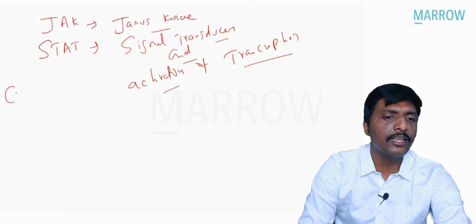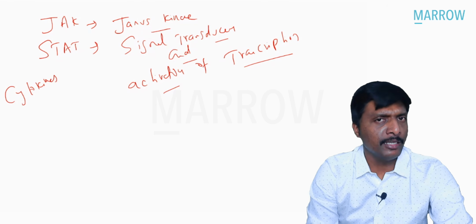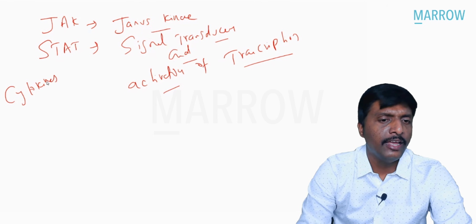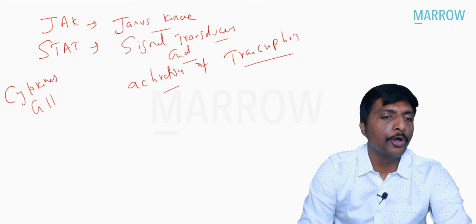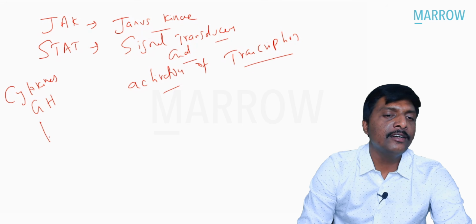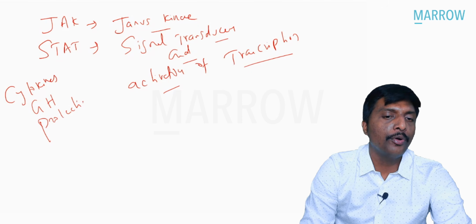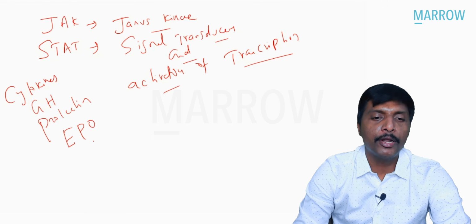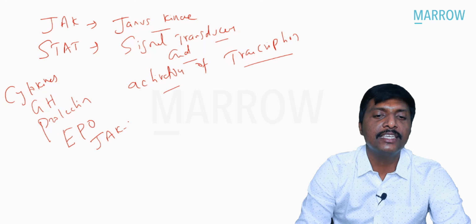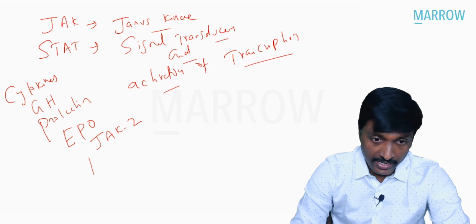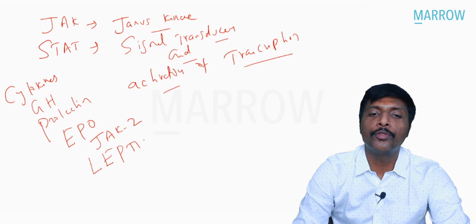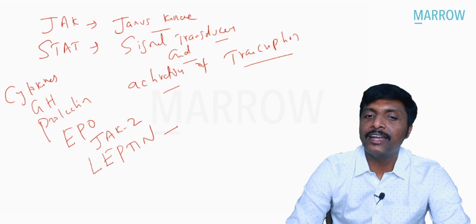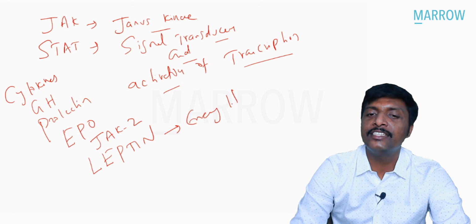Most importantly, they are going to be used by cytokines. That means something concerned with immunity. The next important hormone, growth hormone. The third is prolactin. The fourth is erythropoietin, particularly the isoform is Janus kinase 2. And finally, a new information for you, the hormone leptin, concerned with energy homeostasis.